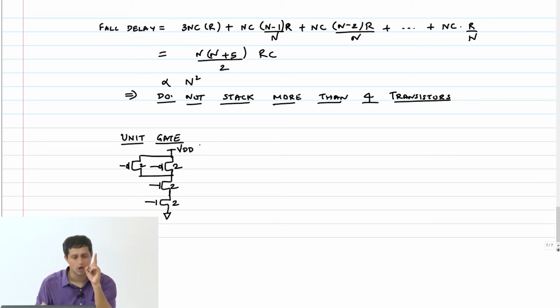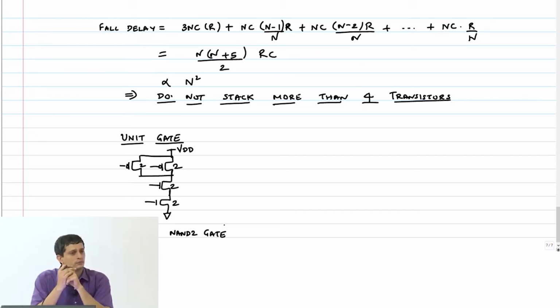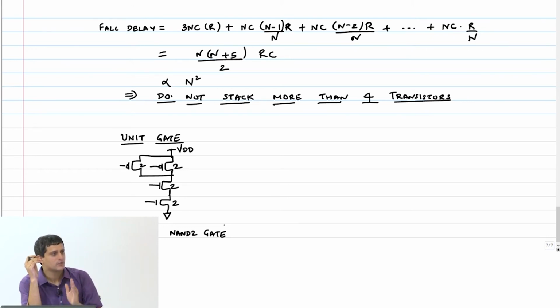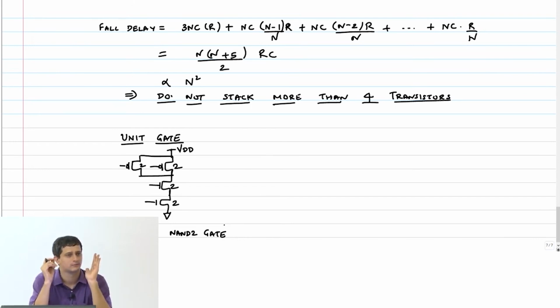This is what I call a unit NAND 2 gate. Just like the reference inverter where we had the size of 1 and 2, for the NAND I am saying the unit gate is 2, 2, 2, 2, all sizes.